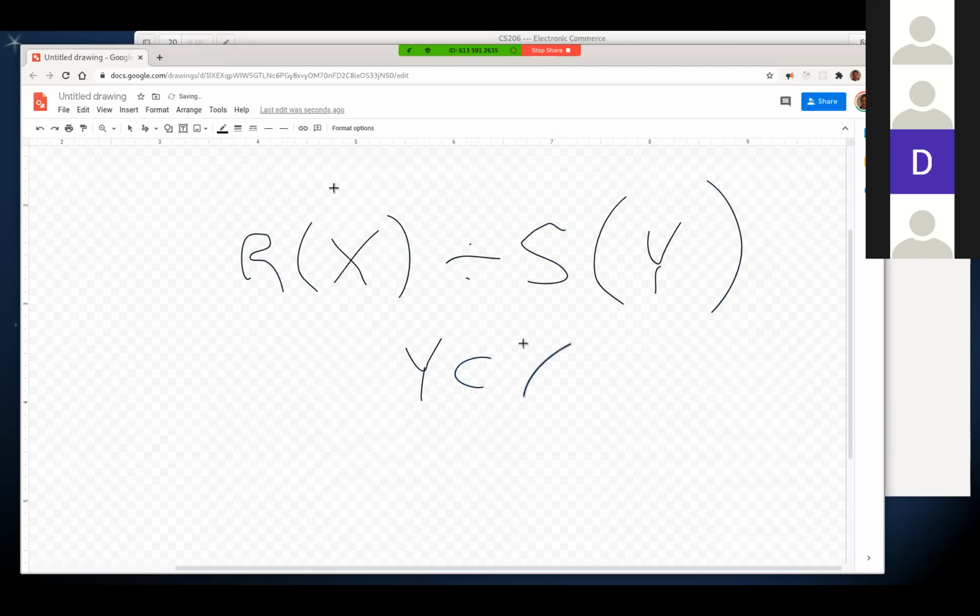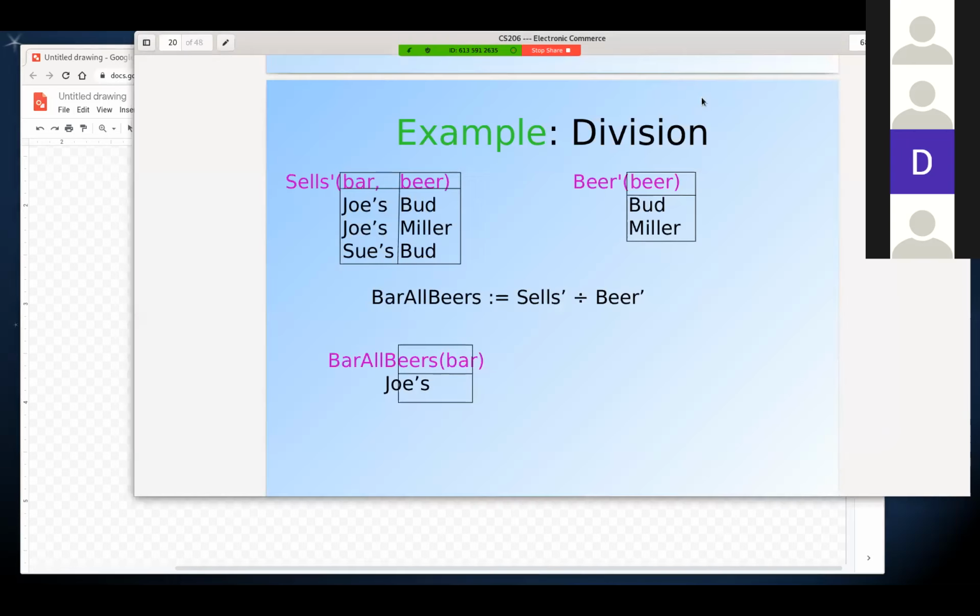In the example we were doing before, the X here winds up being bar and beer, and the Y winds up just being beer.